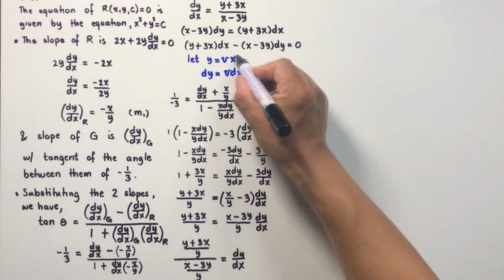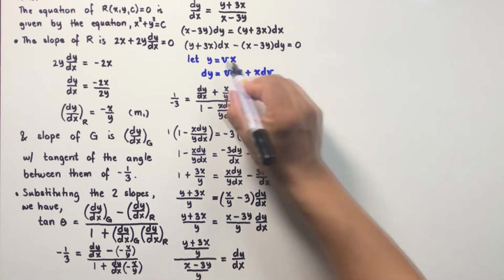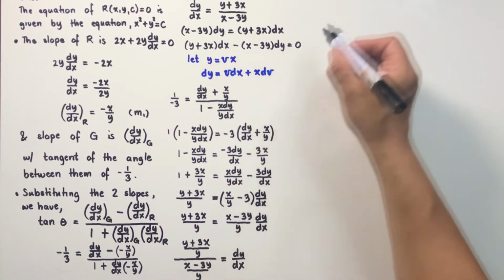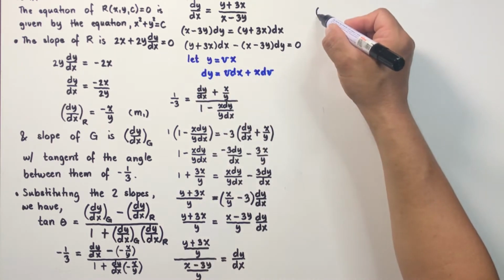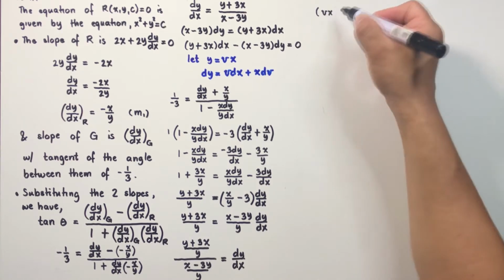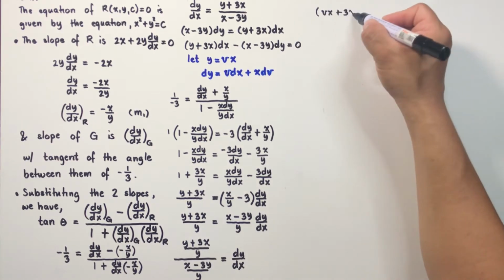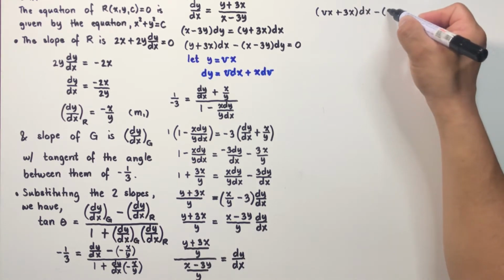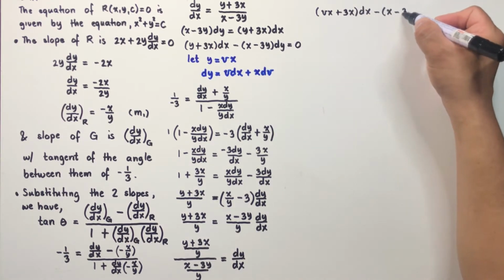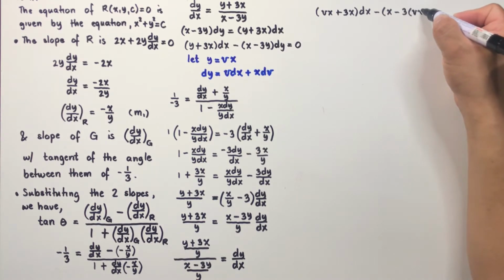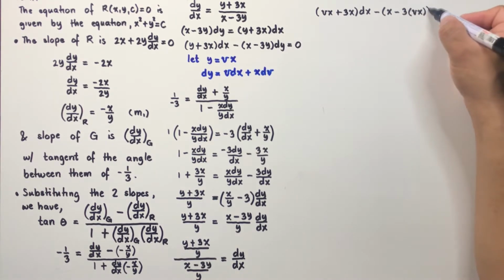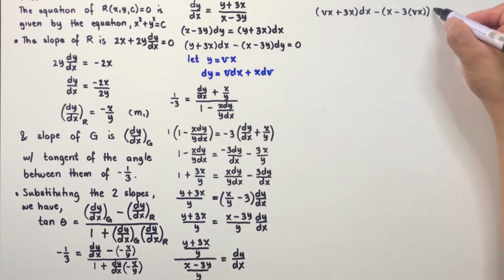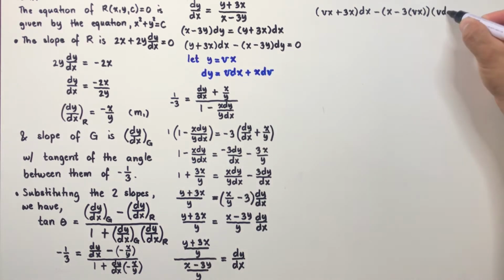And substituting these representations to this differential equation, we have our y, which is vx, plus 3x times the dx minus (x minus 3y), but our y is vx, times dy, which is v dx plus x dv.